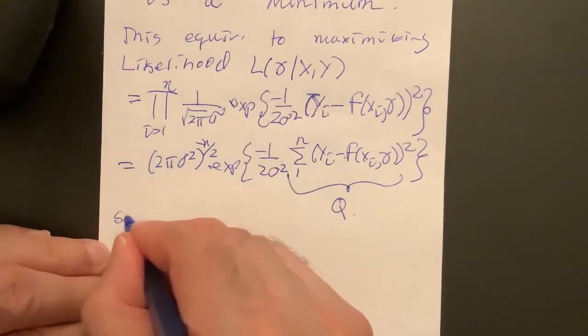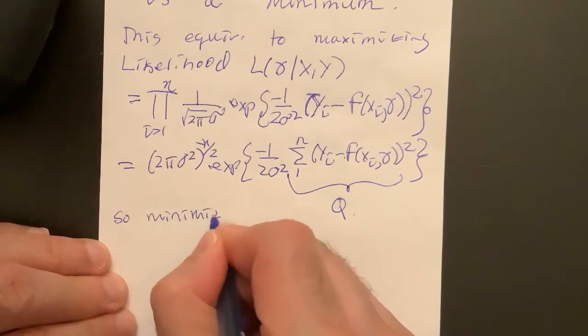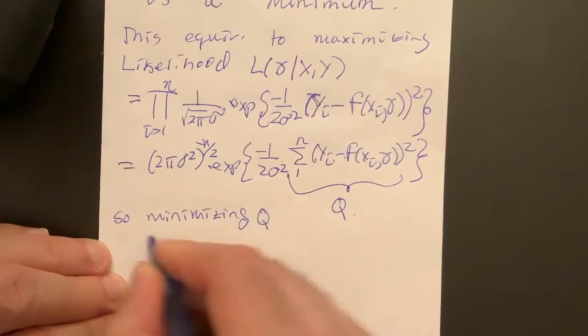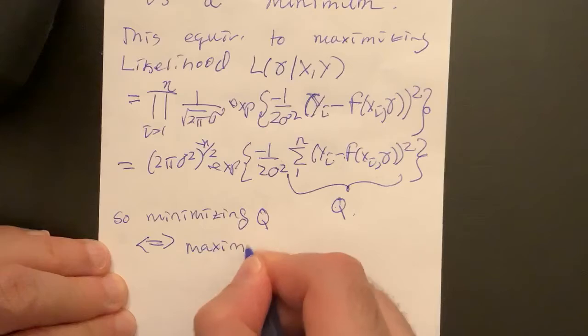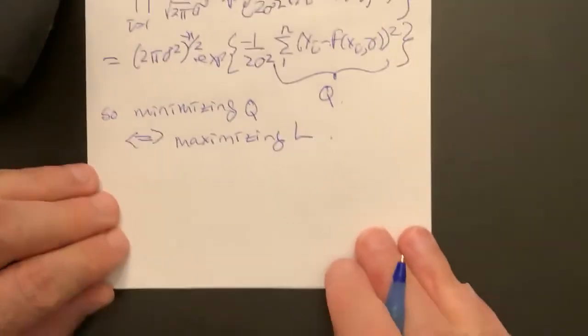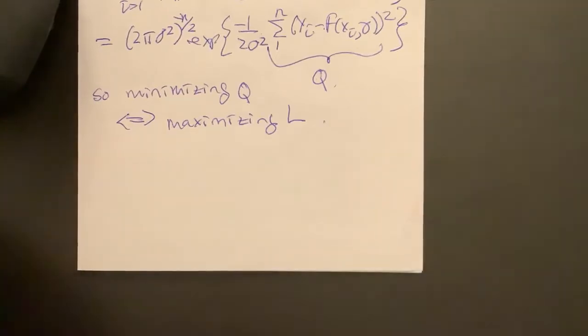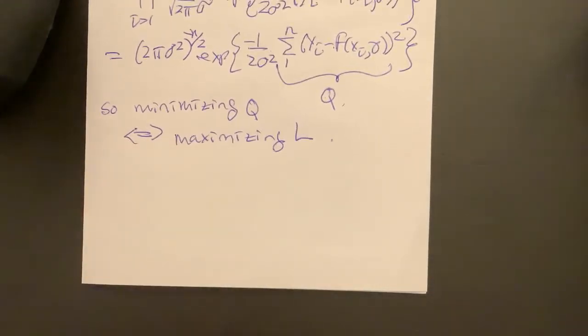So minimizing Q is equivalent to maximizing L. Okay, so they're the same, and that's even more evidence that we should pursue it. It's so cool that you're going to like it; this is what we use to do these.